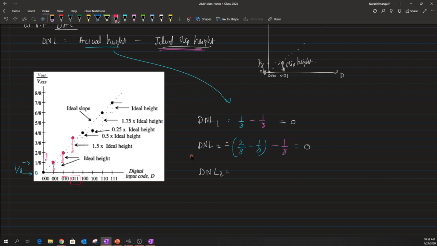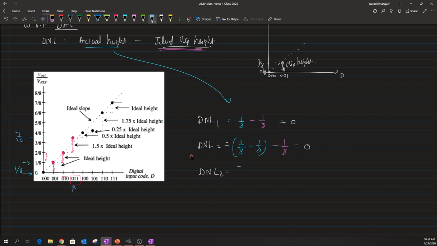The height difference between these 2 points will give us the actual step height value, clear. So when I feed in a value of 011, I am getting an analog output which is somewhere midway between 3 by 8 and 4 by 8, and that value is equal to 7 by 16, and that is the value I get when feeding an input of 011.